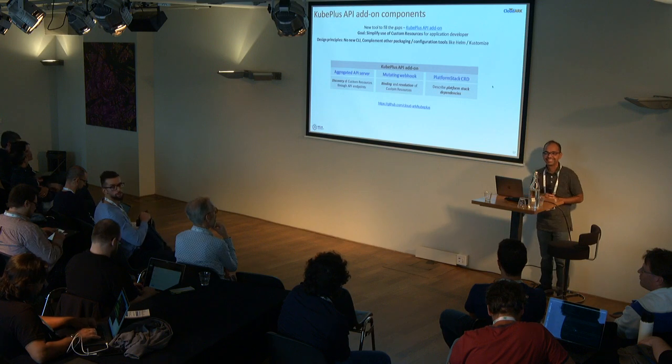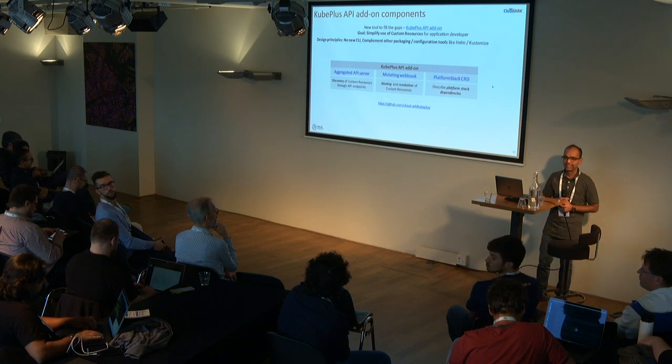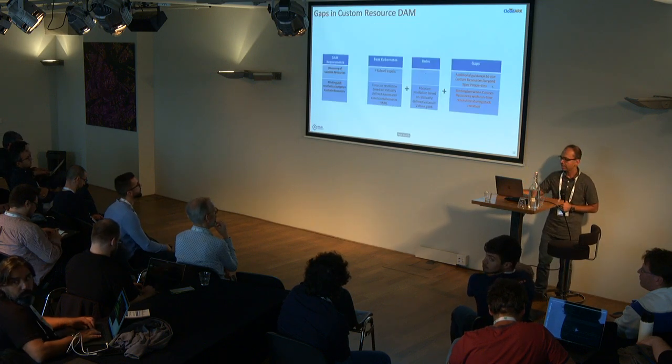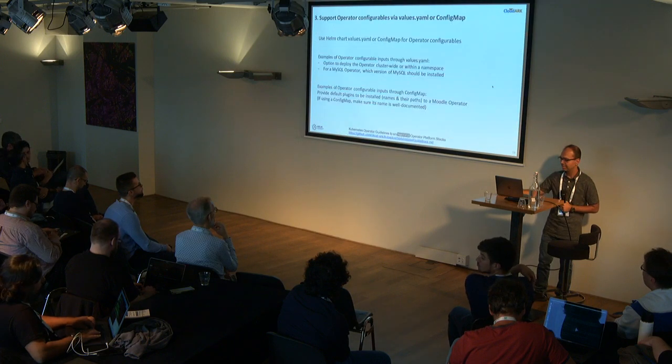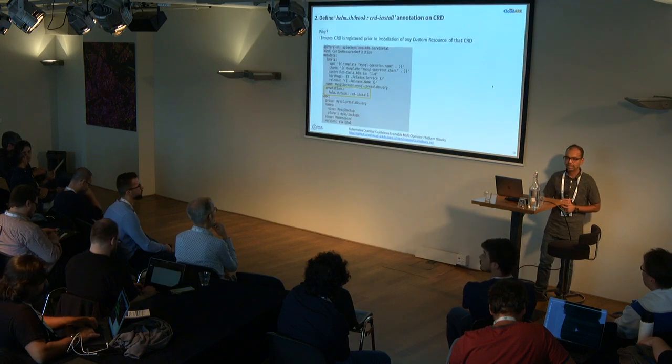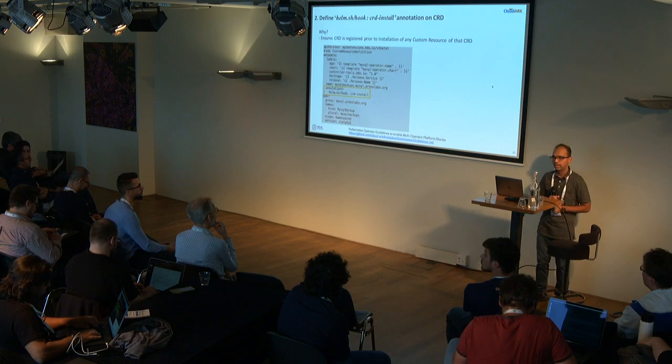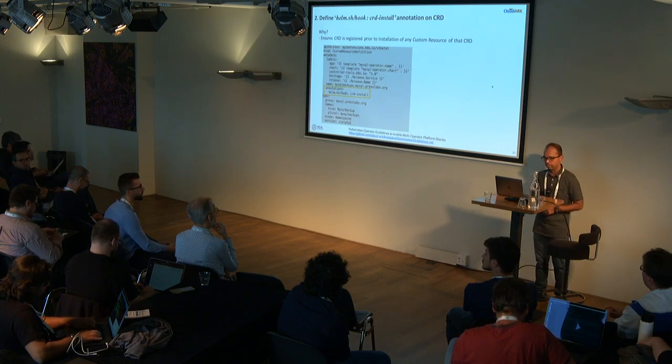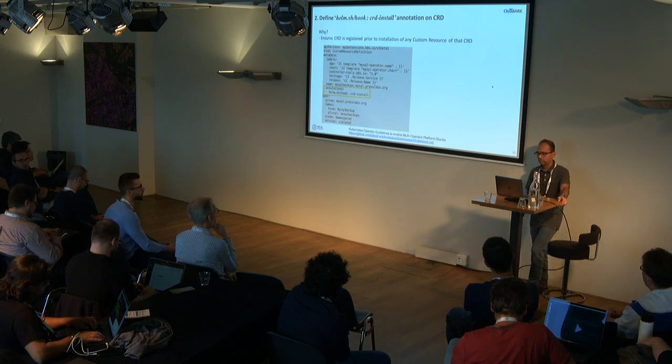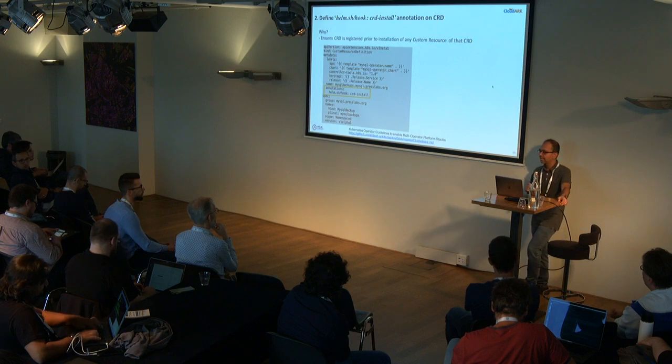So you mentioned the hook of installing the custom resource definition. What if, instead of the hook, the custom resource definition is in an entirely different construct? Is it better or worse? That's a great question.